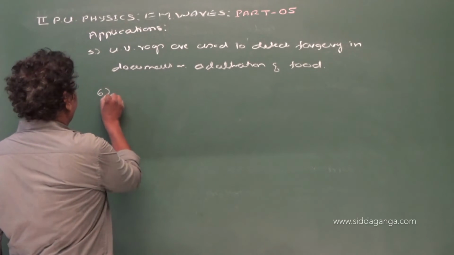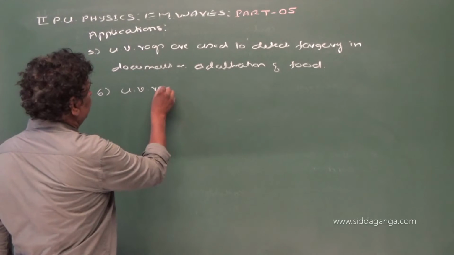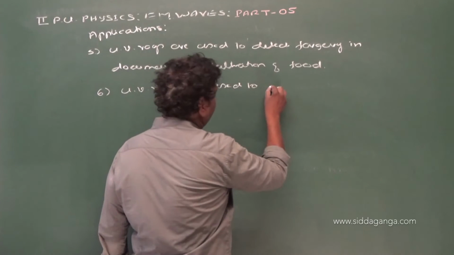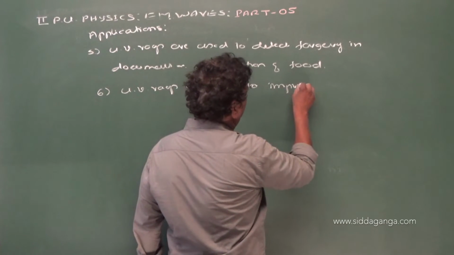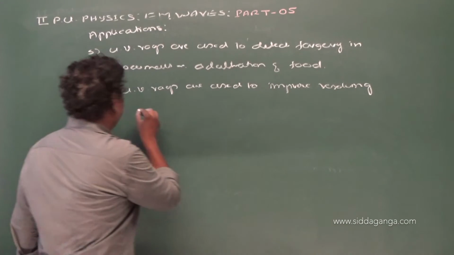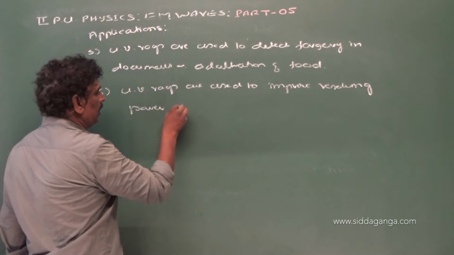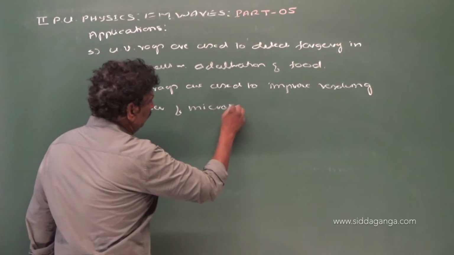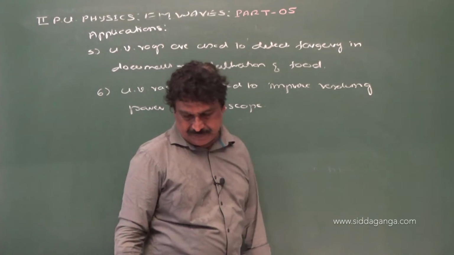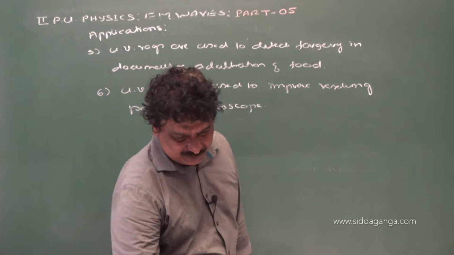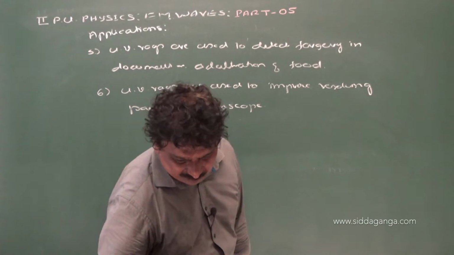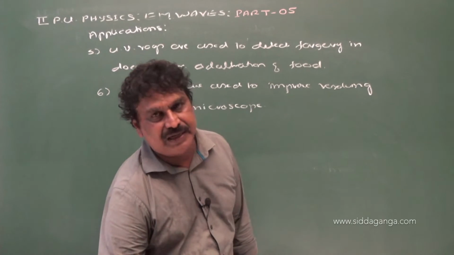Now the sixth one, ultraviolet rays are used to improve resolving power of microscope. Generally, we use a microscope to see very small or minute objects like a biological specimen.